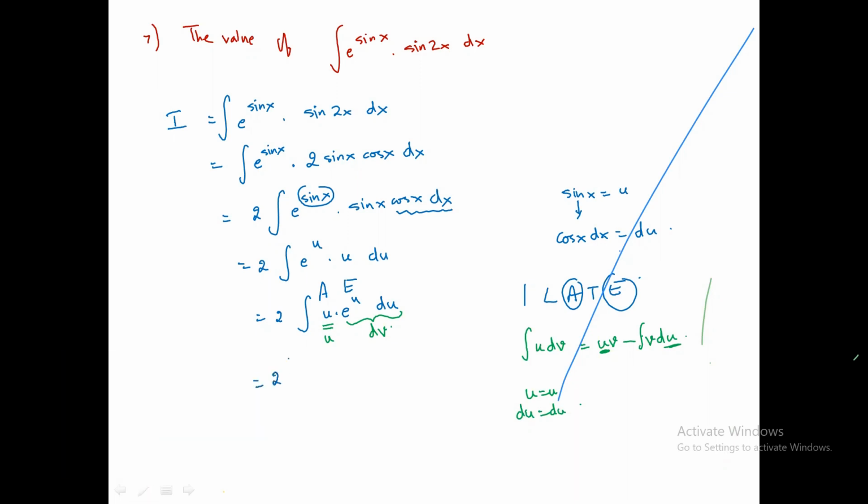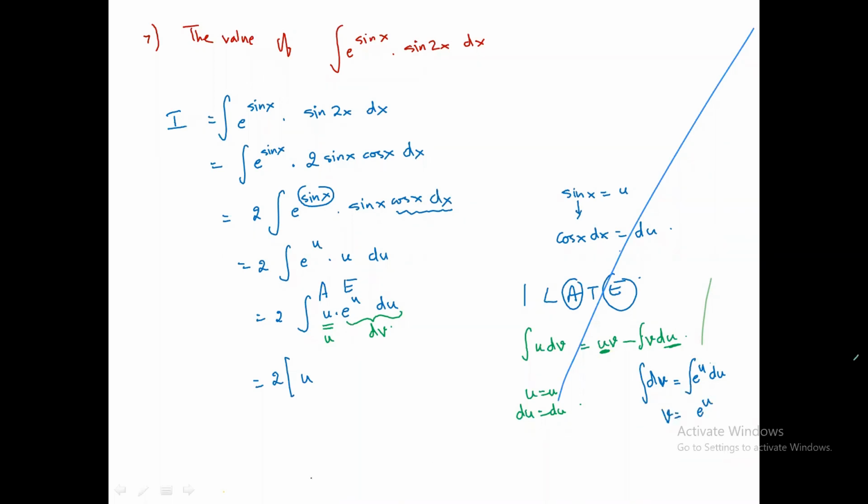So you have 2 into, first I have to write u. U is u only. What is v? That I have to find. Because I know dv is e power u du. This is dv. I know what is dv. dv is e power u du. If I find the integral, I will get v.